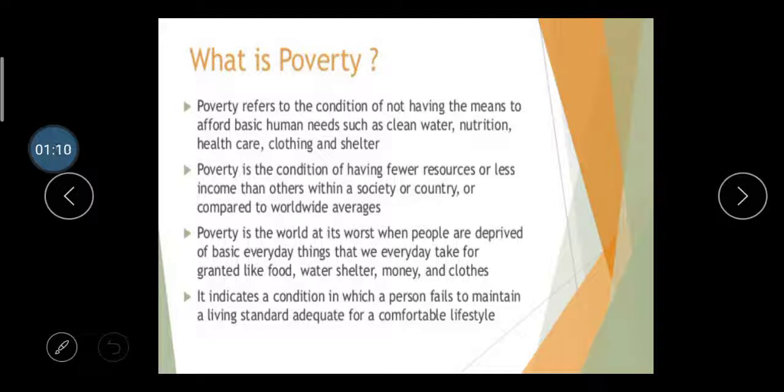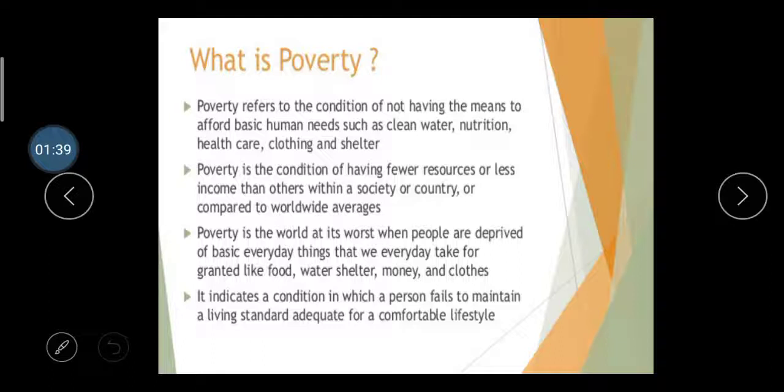Poverty is the condition of having fewer resources or lesser income than others within the society or country, or compared to the worldwide average. It is considered a poverty condition where you have fewer resources and cannot achieve the minimum level of lifestyle.